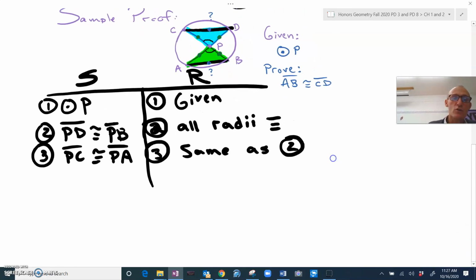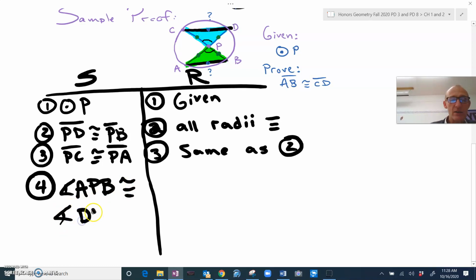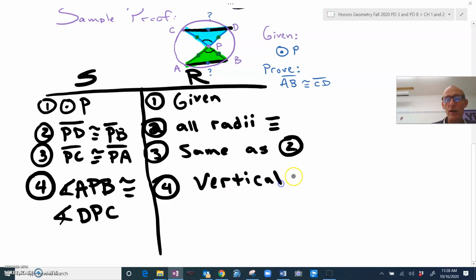The fourth step is that angle APB is congruent to angle DPC, and the reason is that vertical angles are congruent.